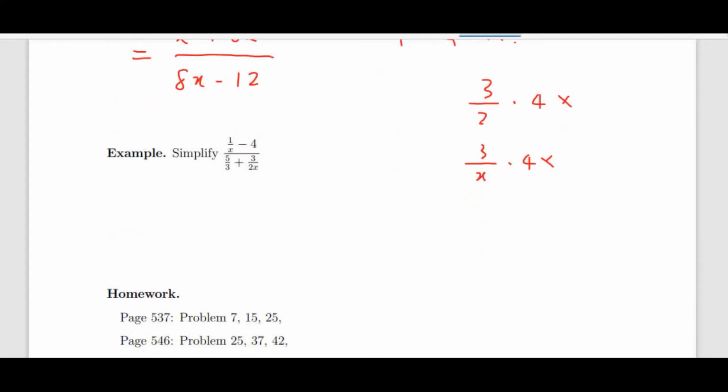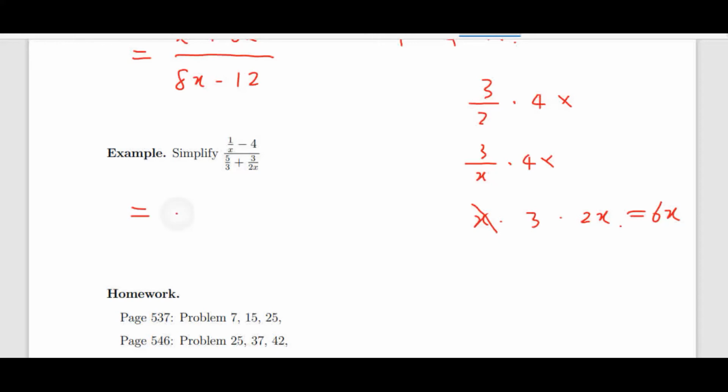Now for this problem, again we use the same idea. Here we have a denominator x, a denominator 3, and a denominator 2x, right? So we just multiply them together. If we multiply 2x, then we don't need to multiply x, so we just multiply 6x to each one.